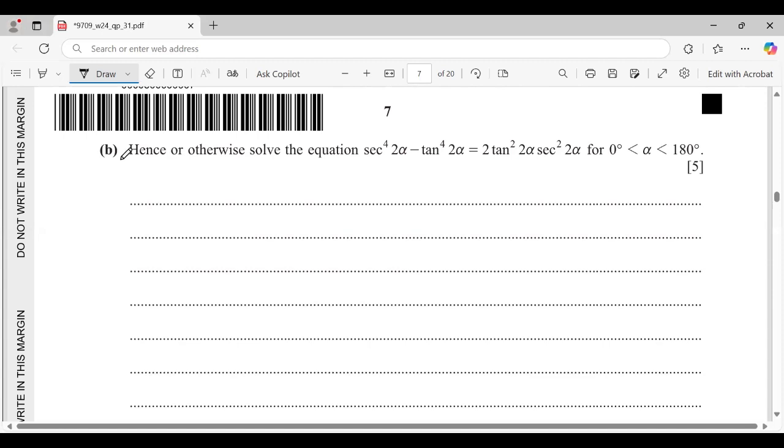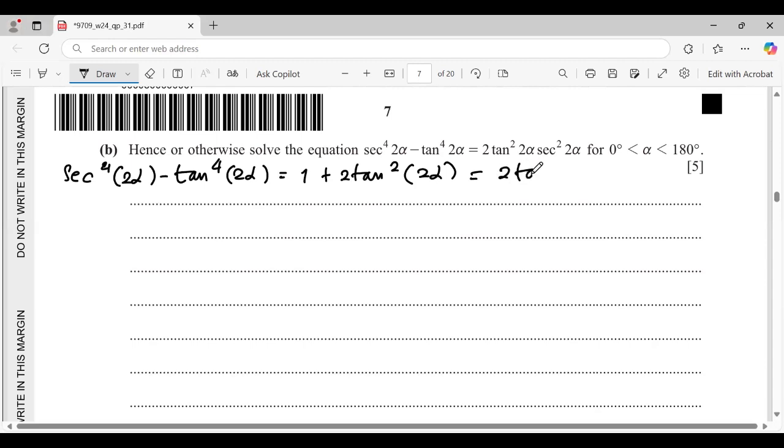Based on part A, secant power 4 of 2 alpha minus tangent power 4 of 2 alpha is 1 plus 2 tangent squared 2 alpha, or equal to 2 tangent squared 2 alpha secant squared 2 alpha, based on this information.